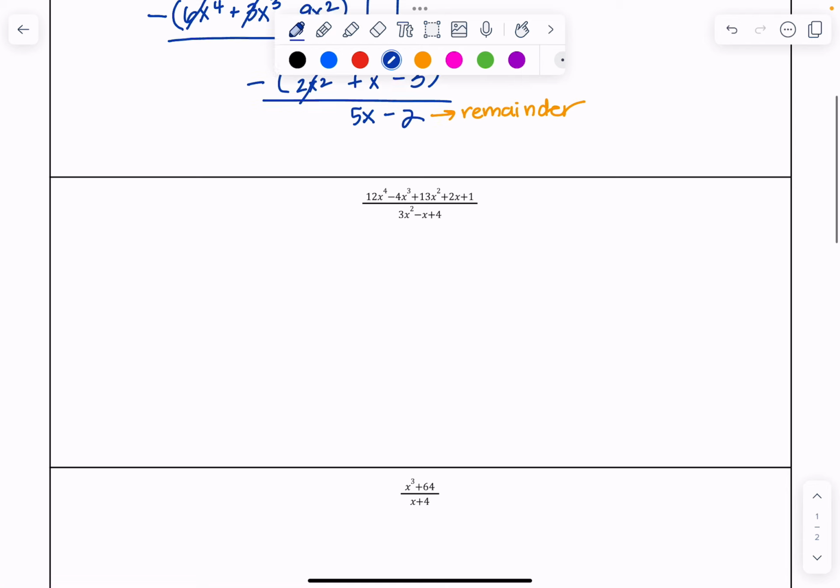Great. All right, for this next one, we have 12x to the fourth minus 4x cubed plus 13x squared plus 2x plus 1. And that's divided by 3x squared minus x plus 4.